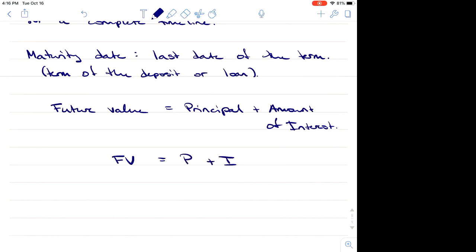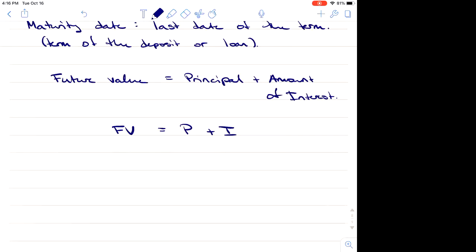I'll show you where the one on your formula sheet comes from. We know that I can be replaced with PRT, so we can say that the future value is P plus PRT. That's the same. Now I've got this common multiplier of P that I can pull outside the brackets. So then I have P times (1 plus RT). And that's where the formula on your formula sheet is from.